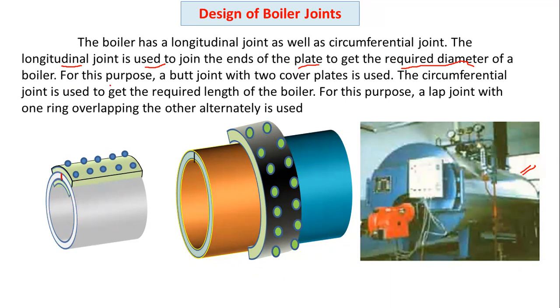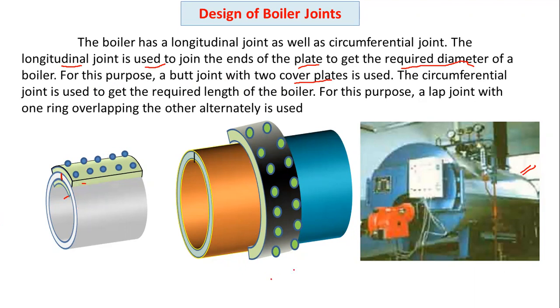For this longitudinal joint, we are using two cover plates. For joining the ends, we are using top and bottom cover plates. This is a top cover plate, this is a bottom cover plate. These are the rivets.